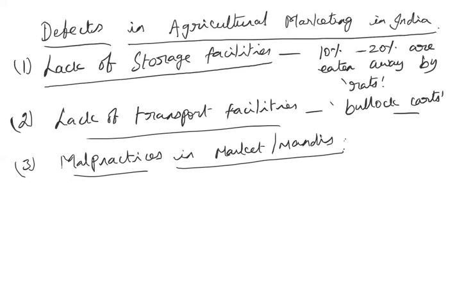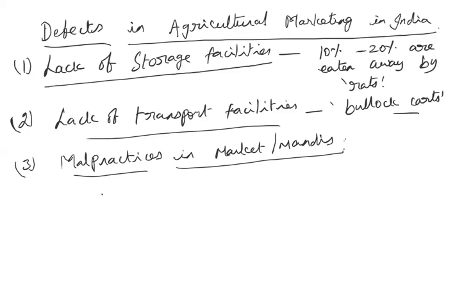Even if they bring the produce to the market, they are ignorant. They don't know how to sell the commodities directly to the customers. In the market also, they depend upon the middlemen to sell the produce to the customers. These middlemen cheat the farmers in several ways.